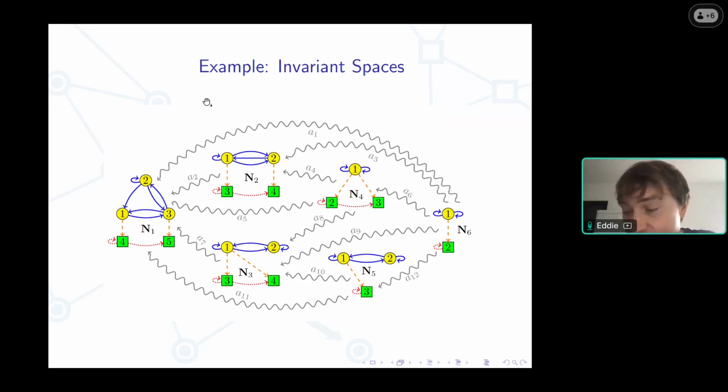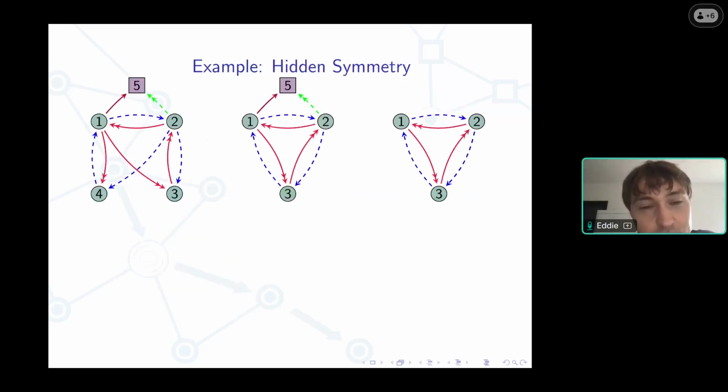So let me go to another example, which I kind of like, which really drives home how modular this construction is. On the left here, I have a network vector field, or a network. And when you play with the dynamics, when you play with the bifurcations, you really get the idea that there is a classical symmetry in here, a Z mod 3 symmetry.